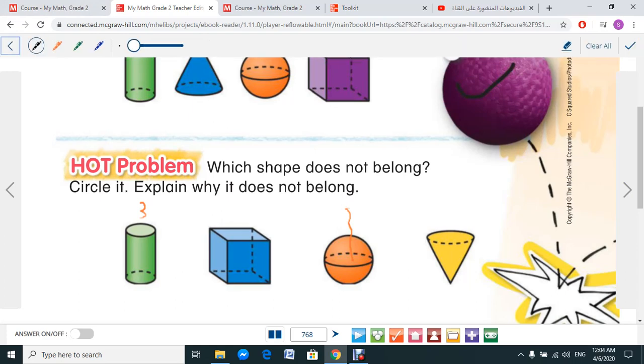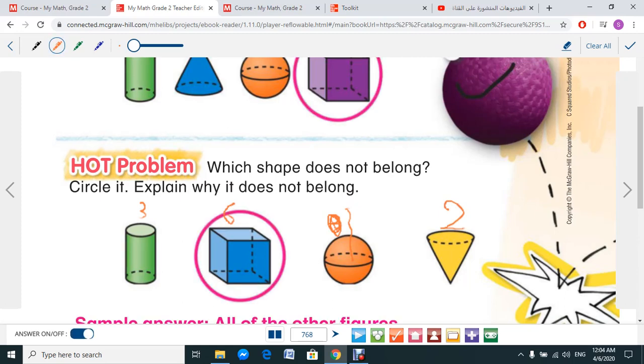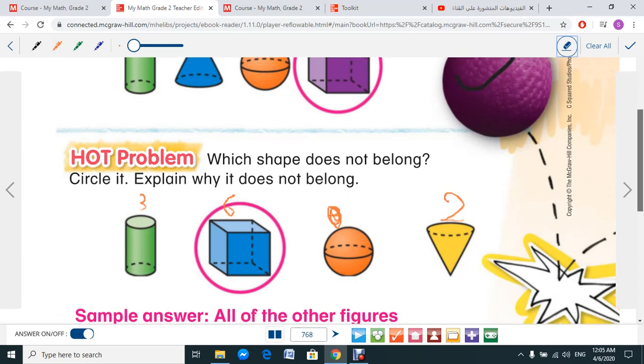Anyway, the sphere has 0, sorry. Okay, 0 faces. This cone has 2 and the cube has 6. So which one doesn't belong? It is the cube, okay? Okay, it is the cube.